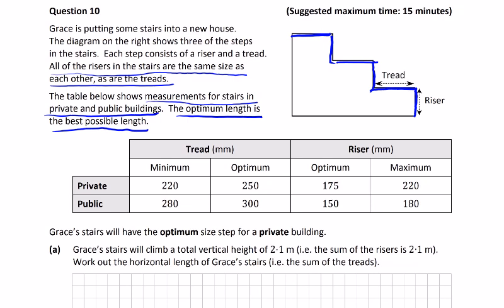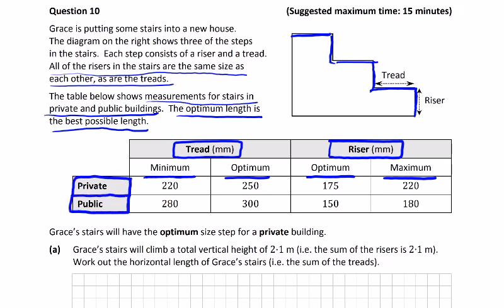A lot of information here. So thread in millimeters, and this is the riser in millimeters. We have minimum and optimum, and optimum and maximum, and then we have private and public. So a lot of info going on here.